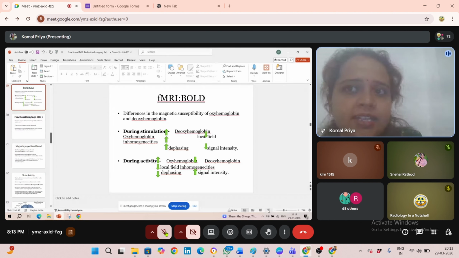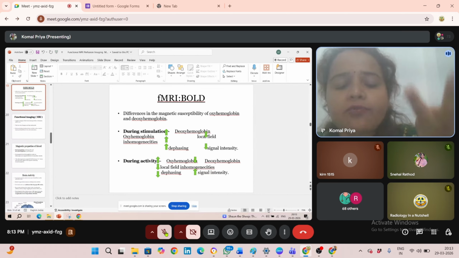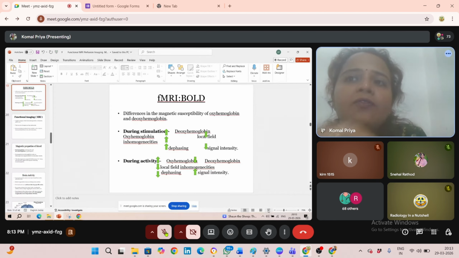But during exercise, that you are seeing in this image also, when the metabolism is increased, more oxygen is needed.